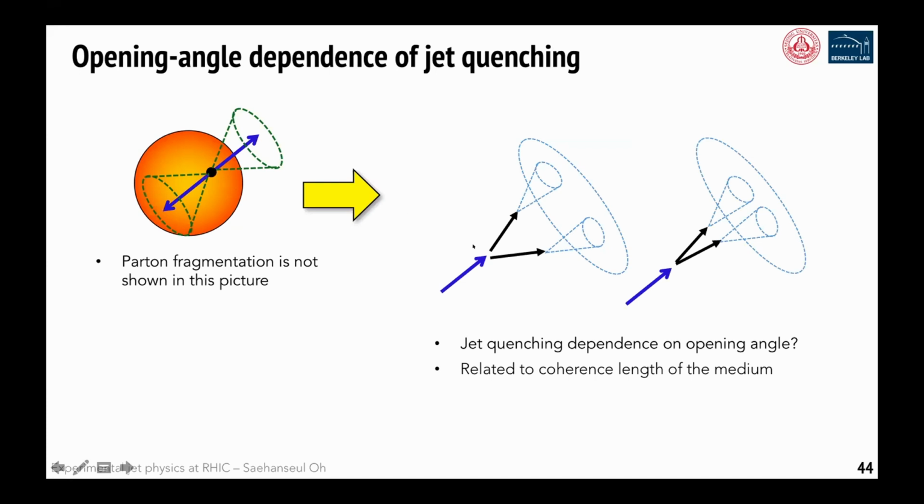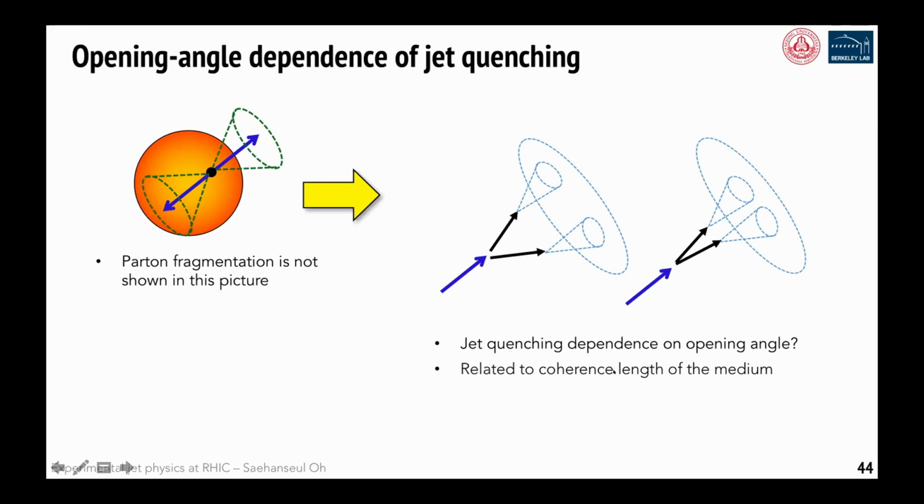Sometimes this parton can fragment into partons that are far from each other, but sometimes it can fragment into two partons that are close to each other. So depending on how the parton fragments, the substructure becomes very different. So the question is, is jet quenching dependent on this? Is jet quenching very different depending on the opening angle of the jet? That question is related to the coherence length of the medium.